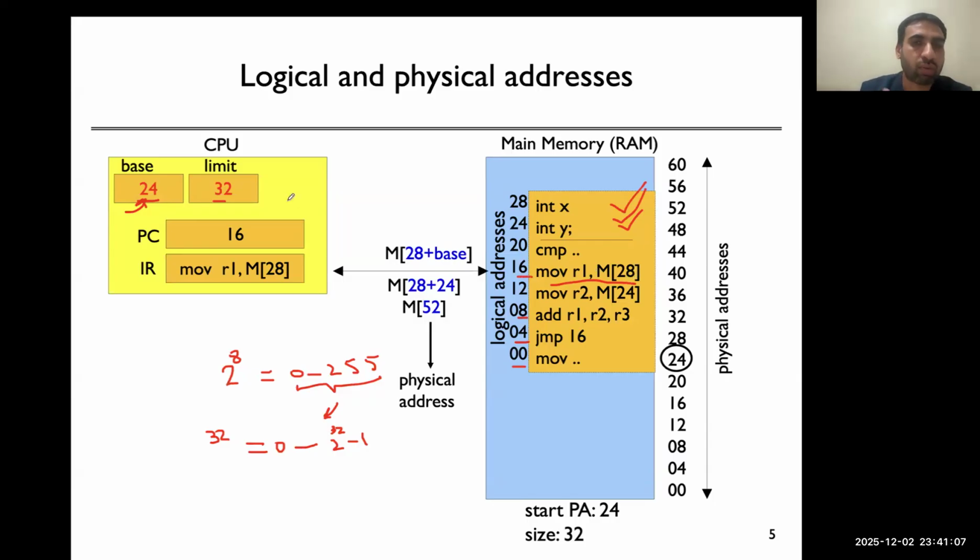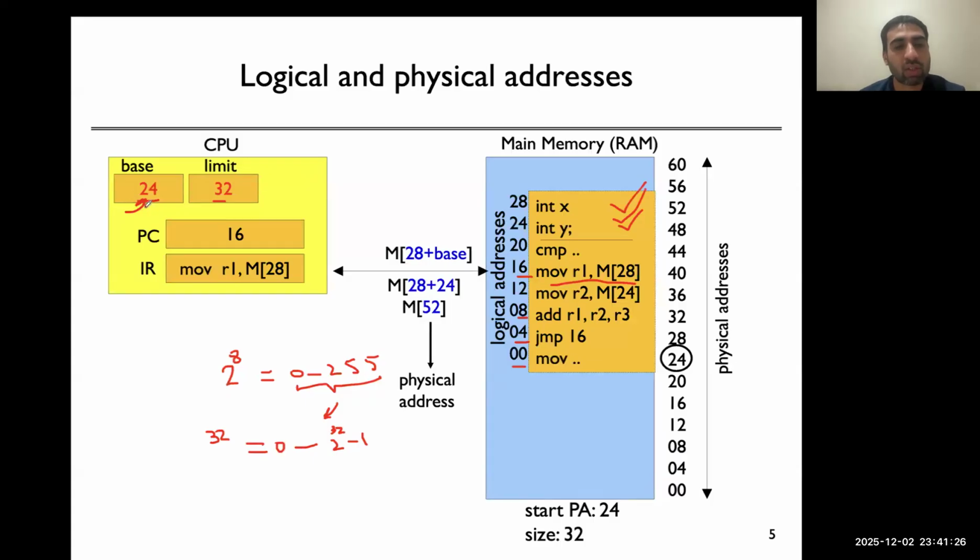Now let's say that when this process is running, remember from the previous lecture that whenever a process is launched or starts executing, the base register and the limit register are loaded with their appropriate values.